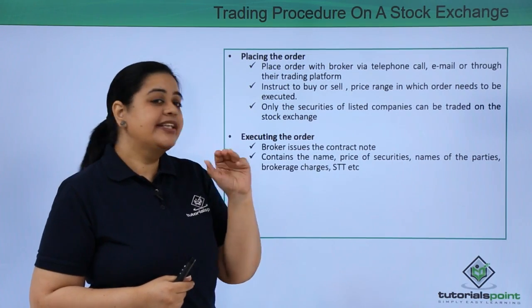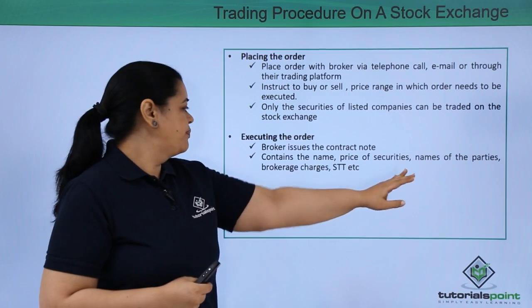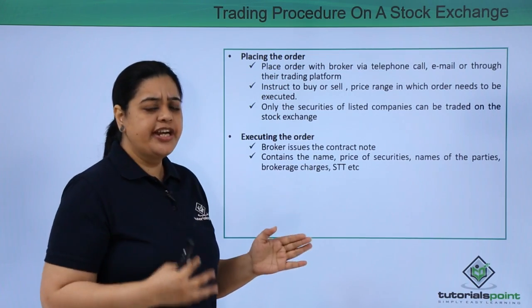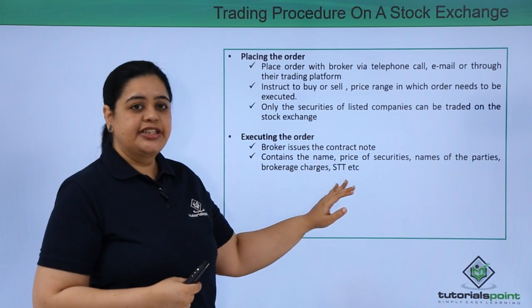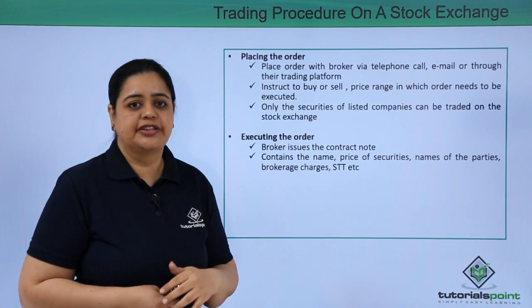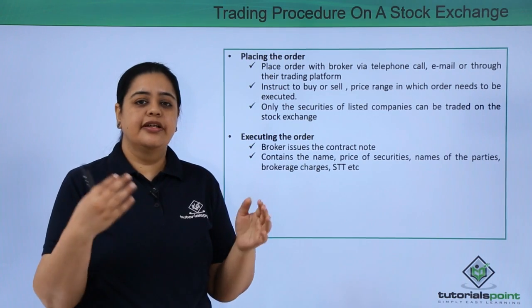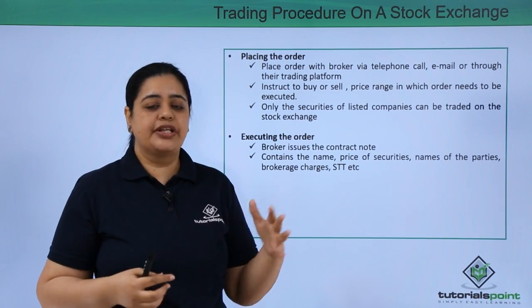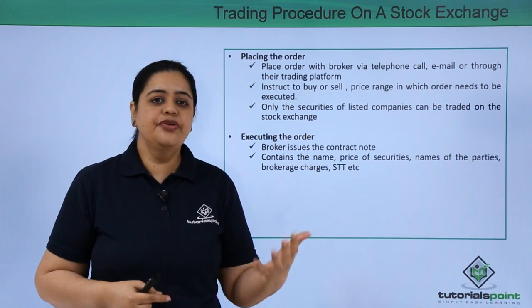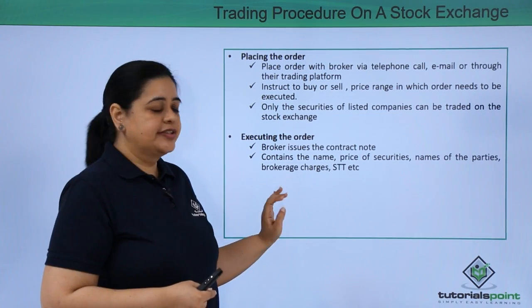It will also say the quantity, so let's say 100 quantity I bought, the names of the parties involved, that's your name and the broker's name, and the charges he has charged you, the brokerage charges. Now remember, when you are opening an account with a broker, he will earn from the brokerage which he is charging you. So every transaction you do, you will be charged a brokerage.